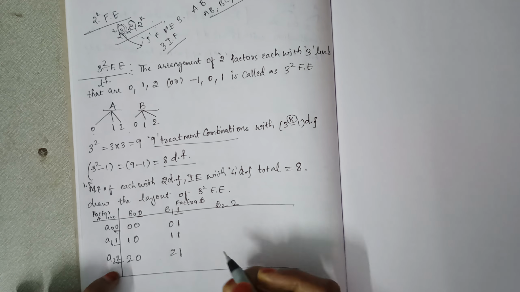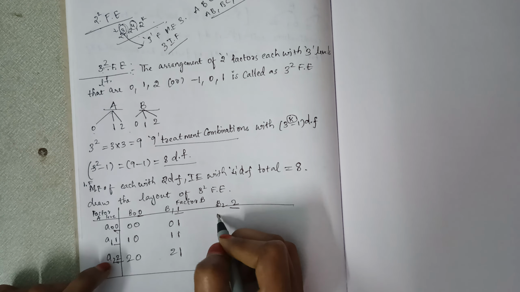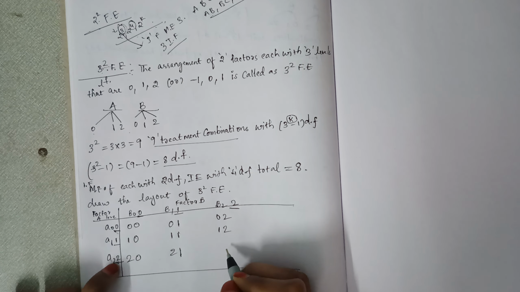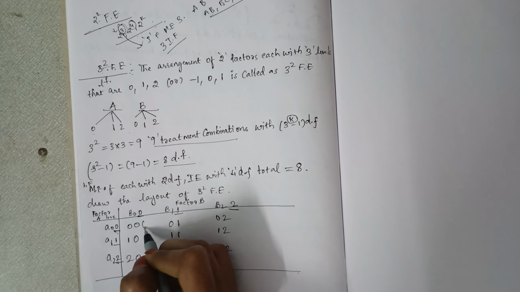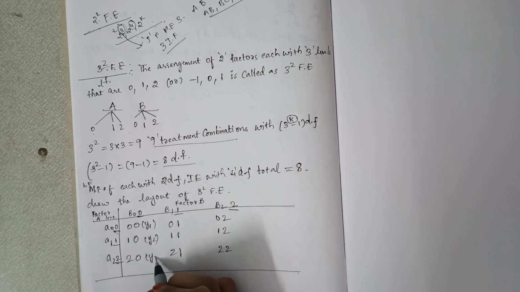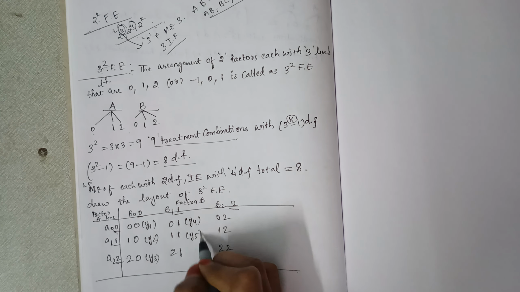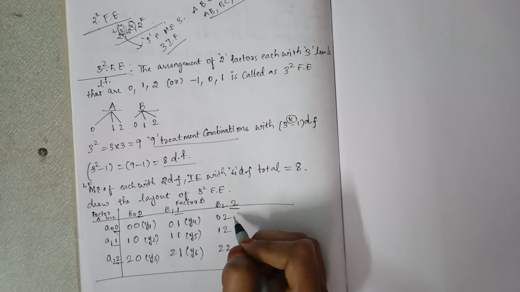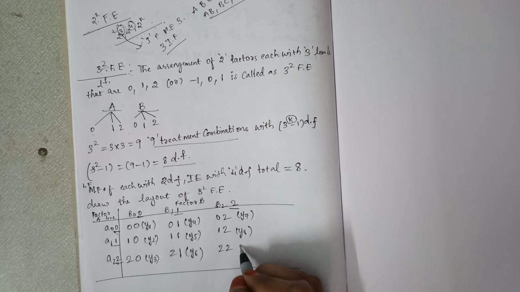And this is 0 2, 1 2 and 2 2. And here we denote it as y1, y2, y3, and this has y4, y5 and y6. This is y7, y8 and y9.